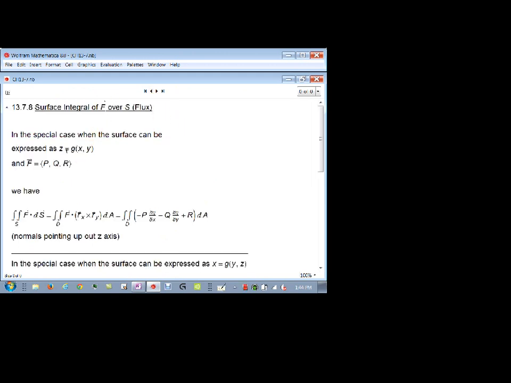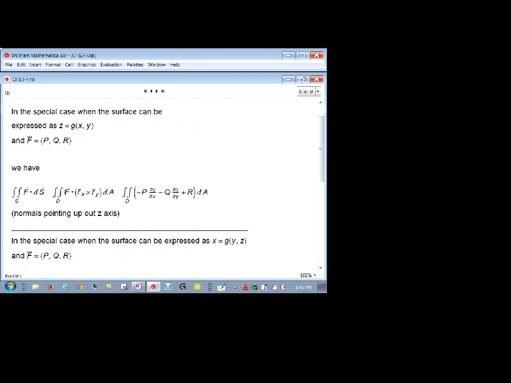It said, if you can express the surface as z as a function of x and y, then you don't have to do this. All you have to do is take negative P times the partial of g with respect to x, minus Q times partial of g with respect to y, plus R. PQR is just the vector field. See, this eliminates all that crossing that we'd have to do.